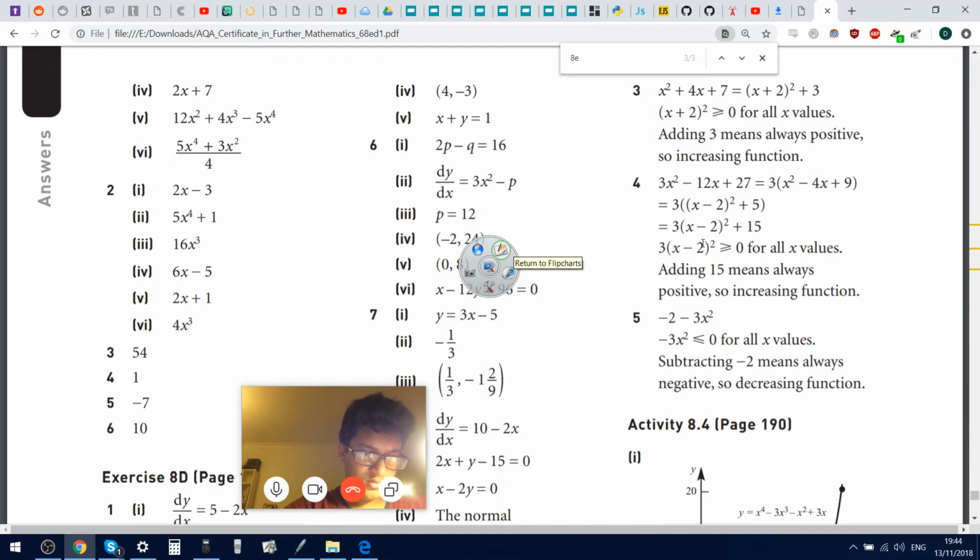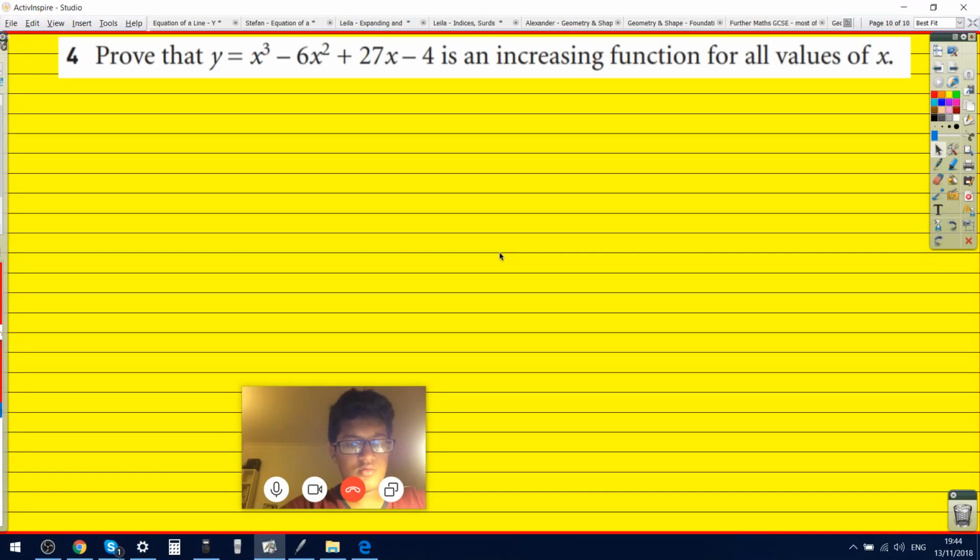Oh, okay. So they differentiated it, and then they put it into completed square form. Right, so you have 3 outside the bracket and then x minus 6 inside the bracket squared. 6 times 6, 36, so minus 9 outside the bracket. And what does that tell us?